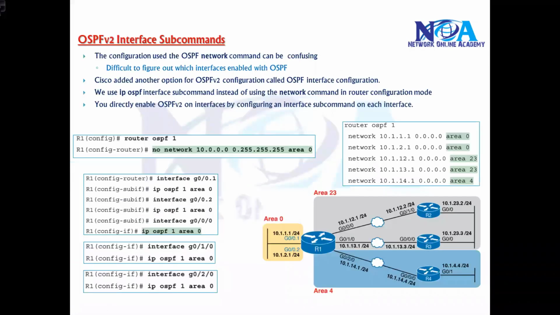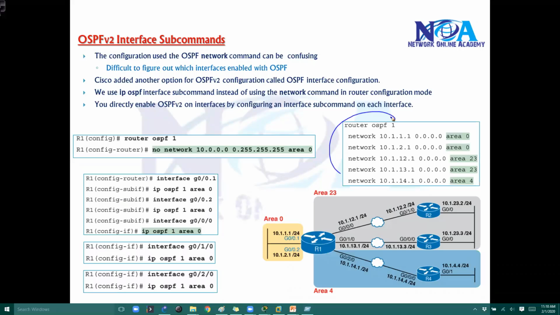So either you advertise OSPF this way, by using a network statement, which is also correct, or you use these interface-specific options, which make your job much easier compared to figuring out the network ID and the wildcard mask. It will simply make your job much easier.